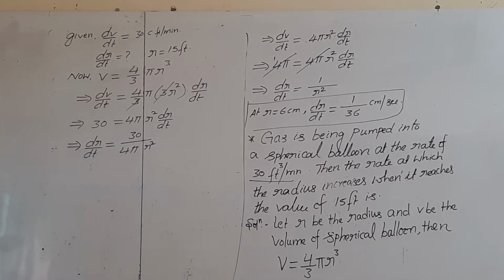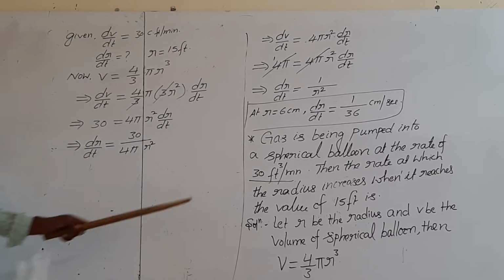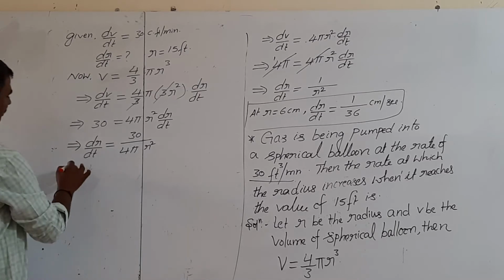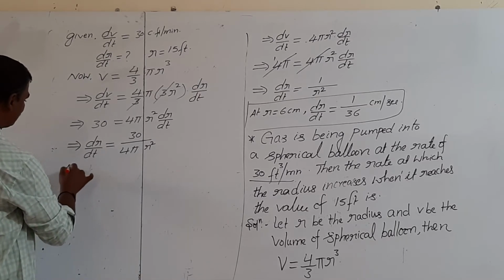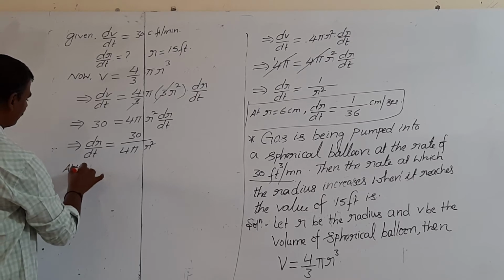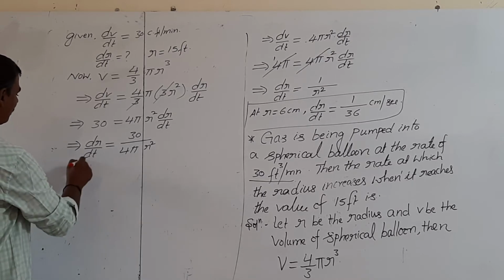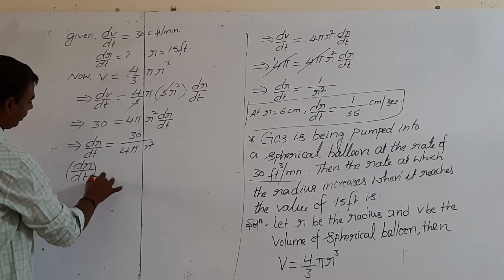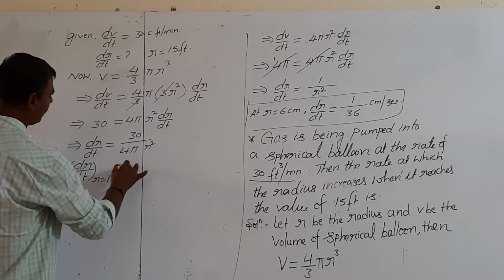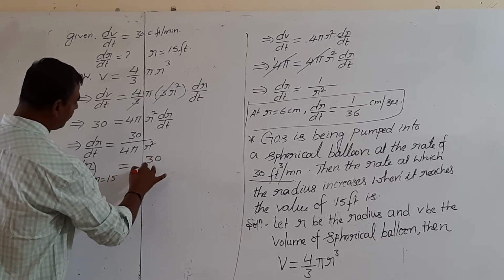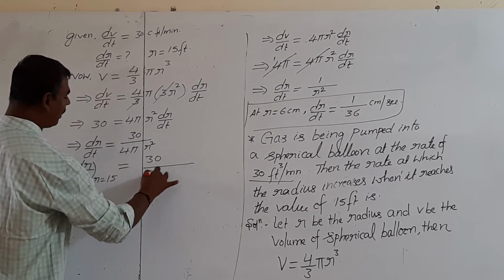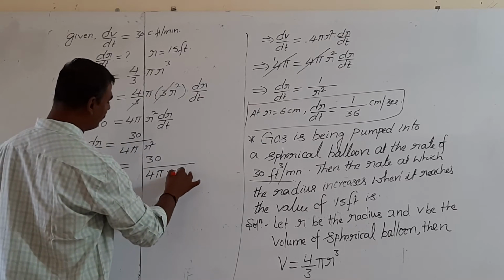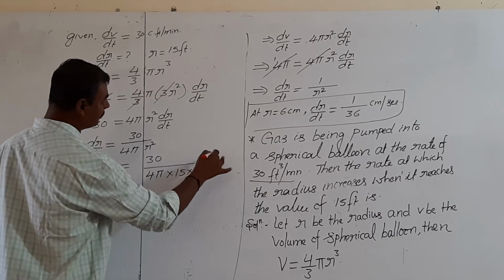After the differentiation, we have to use the instant value, 15 feet. So at r is equal to 15, dr by dt is equal to 30 upon 4 pi r square, with r value 15 whole square, that is 15 into 15.